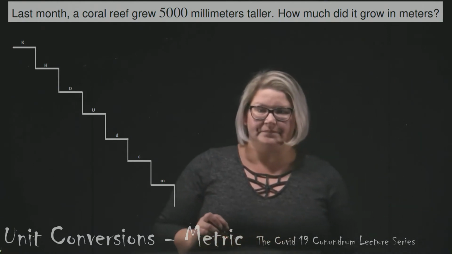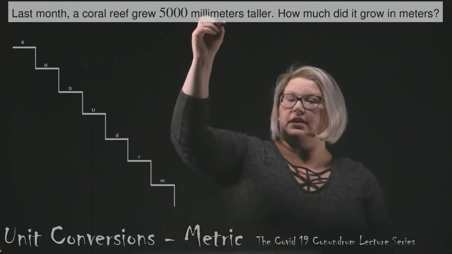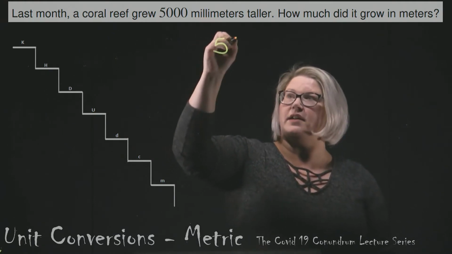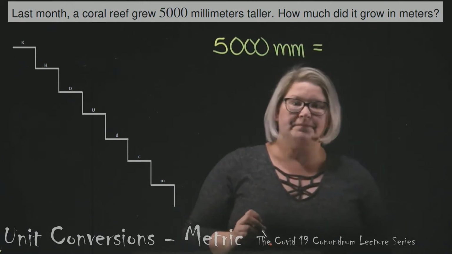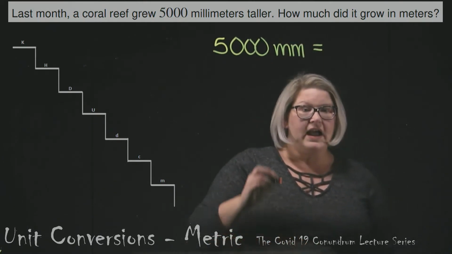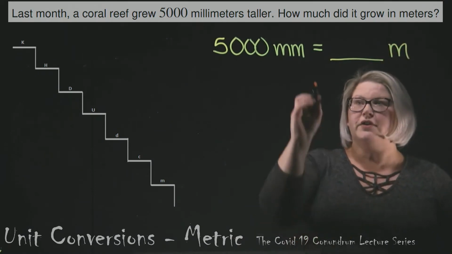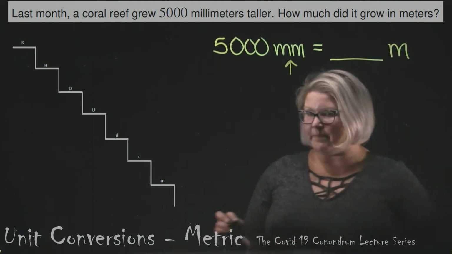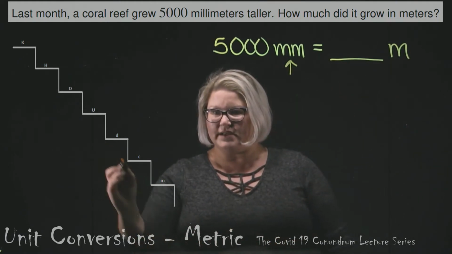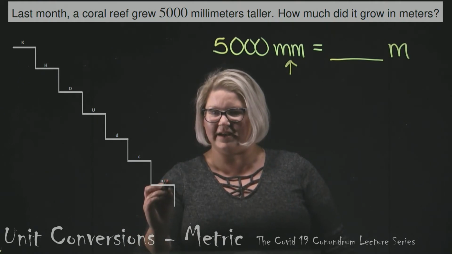For example, last month the coral grew 5,000 millimeters taller, and they want to know how much that is in meters. First, we figure out where millimeters is on our steps.